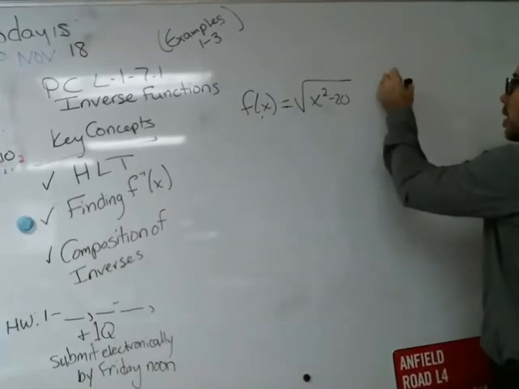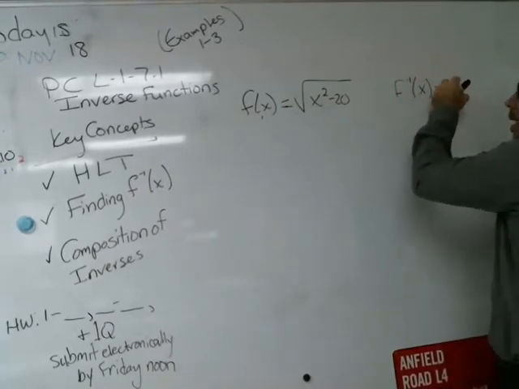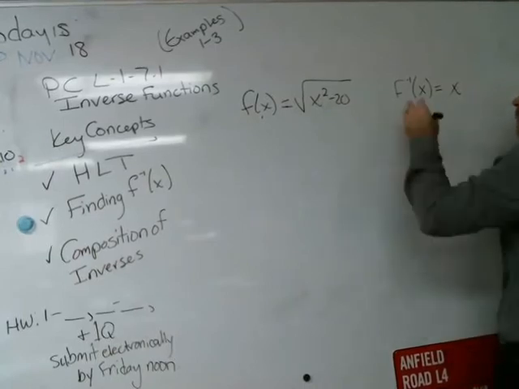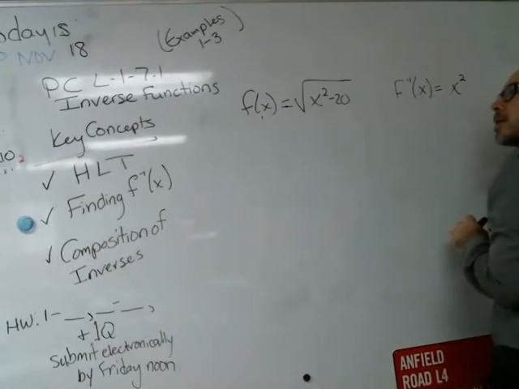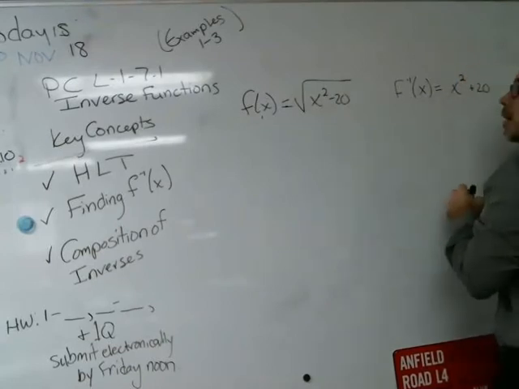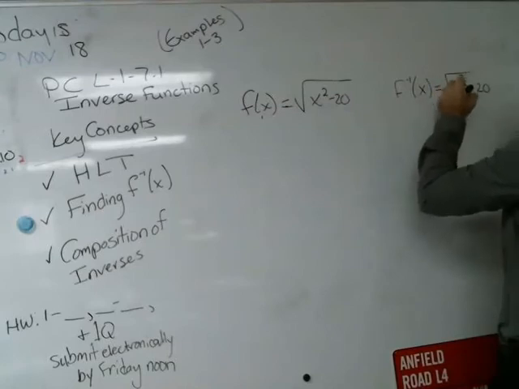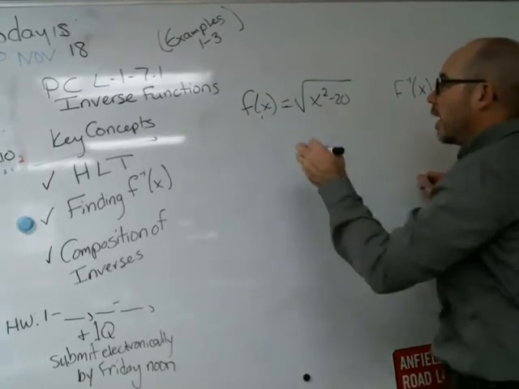I should be able to take a number, square it, then add 20, and then take the square root. I think this is only half of the thing.